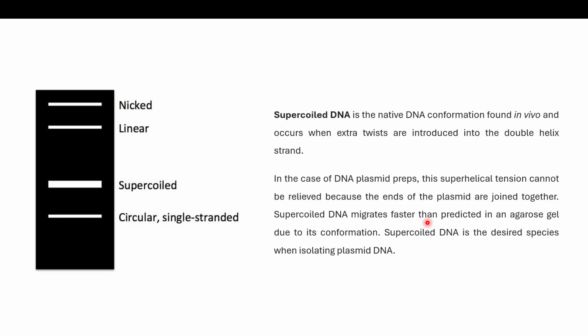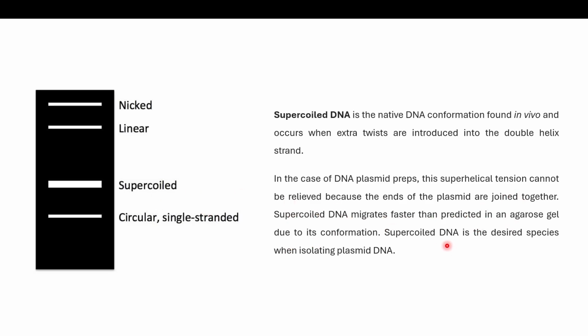So it can very easily pass through the pores, whereas something more spread out, with a larger hydrodynamic radius, encounters more obstructions during its passage through the agarose gel pores. So supercoiled DNA migrates faster than predicted in an agarose gel due to its conformation.